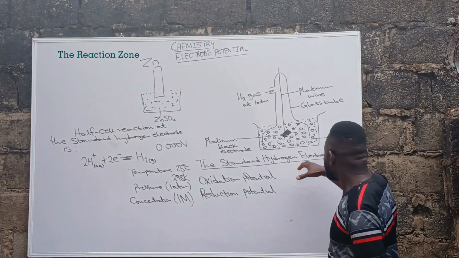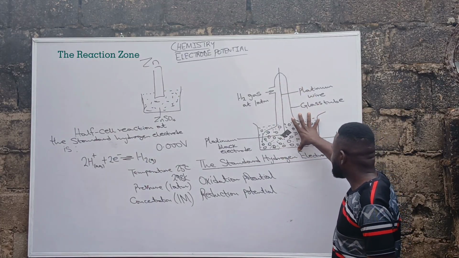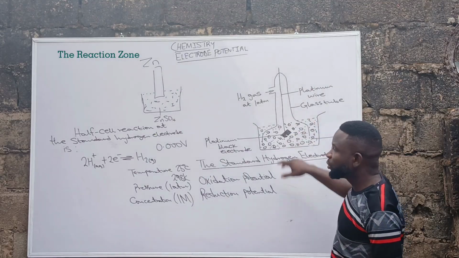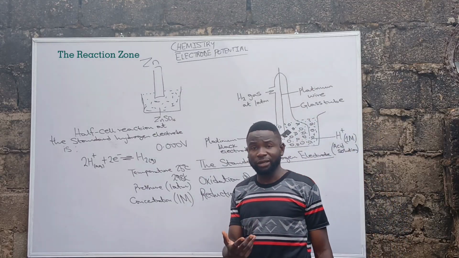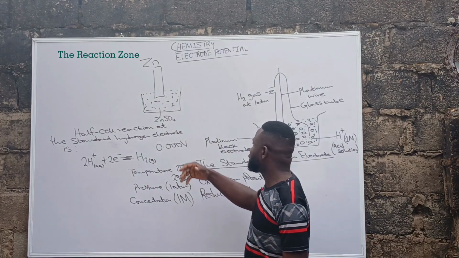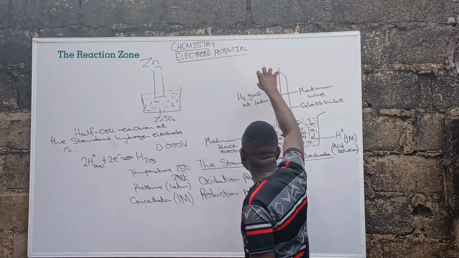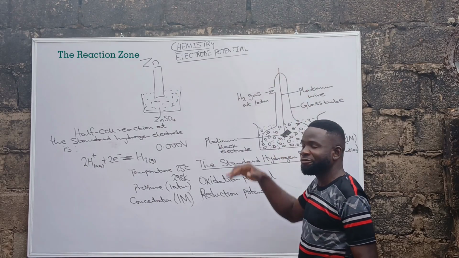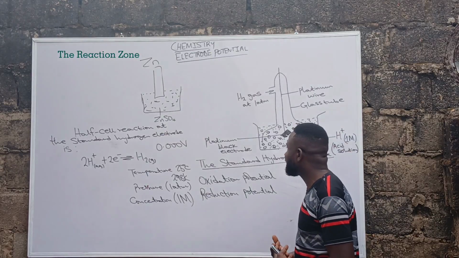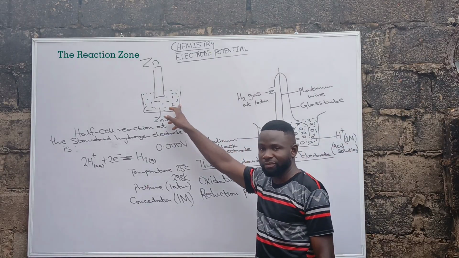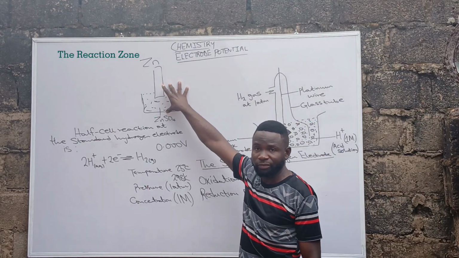Now, the standard hydrogen electrode here can function as a half cell. So if I want to find the electrode potential of another electrode, all I have to do is to connect that half cell with the standard hydrogen electrode to form a complete cell and then determine the potential difference between them. That is going to give me the electrode potential of this half cell.